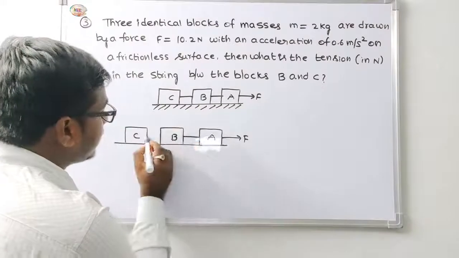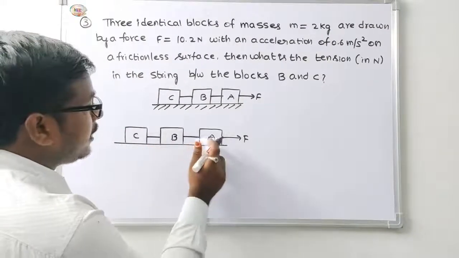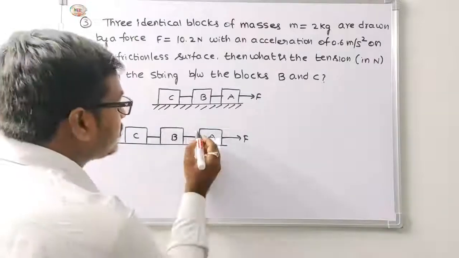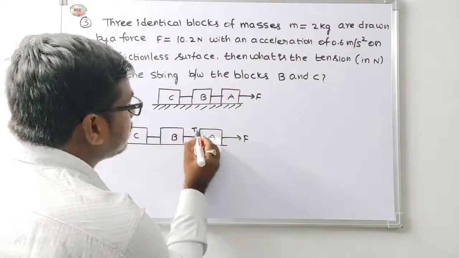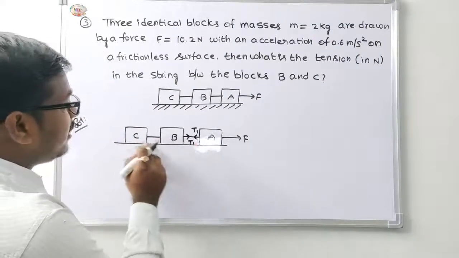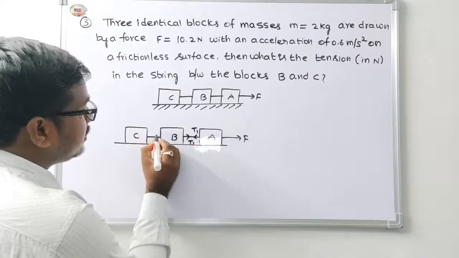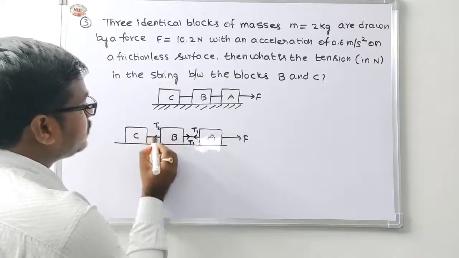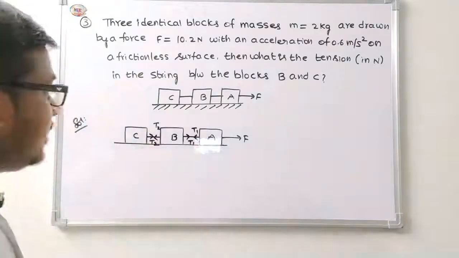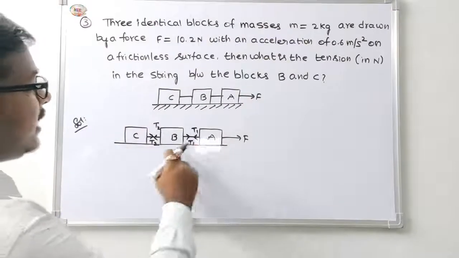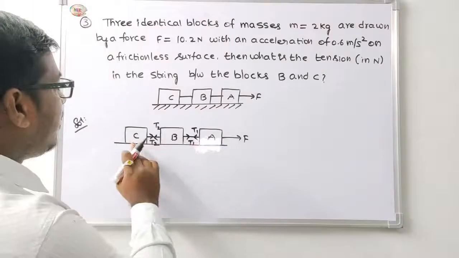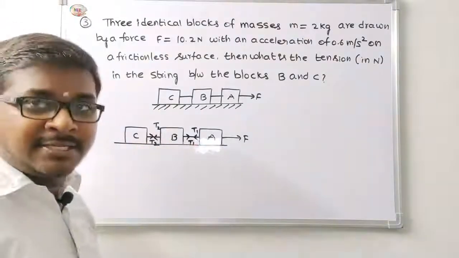The string is connected to the 3 blocks. Between A and B the tension force is T1, and between B and C the tension force is T2.